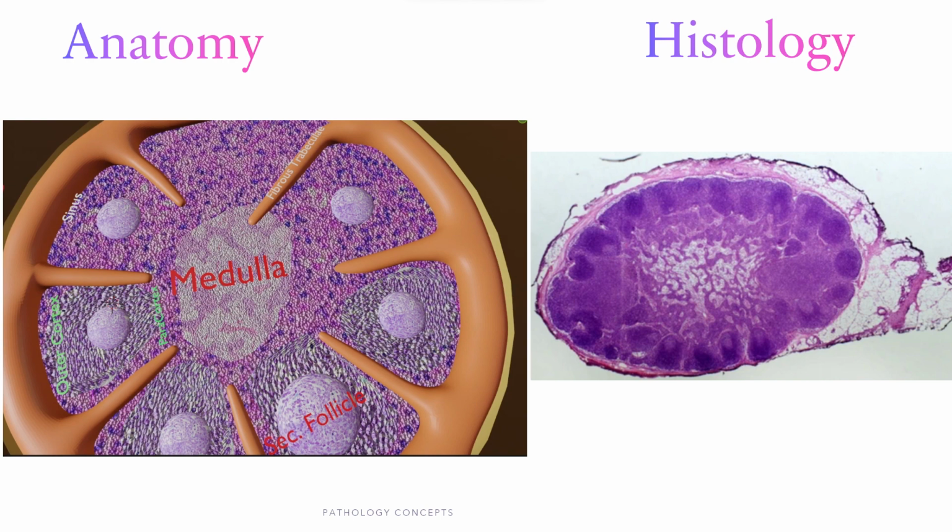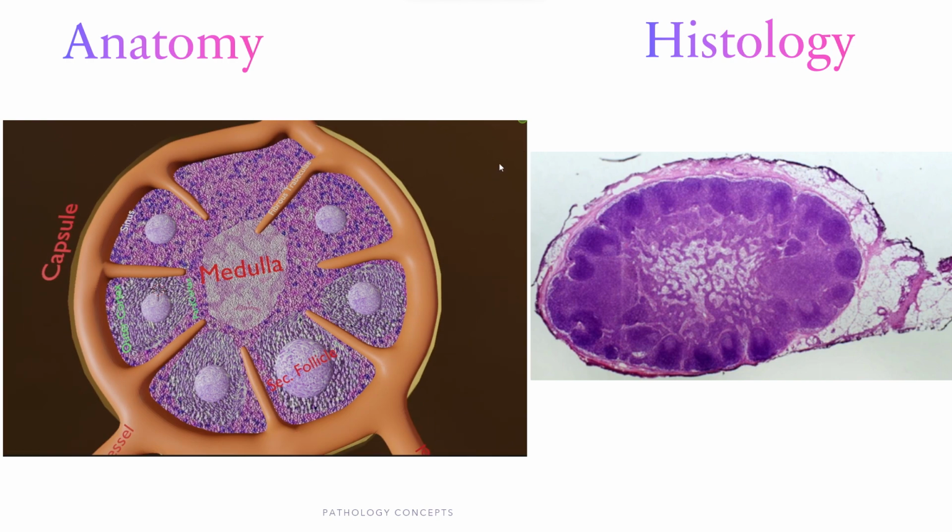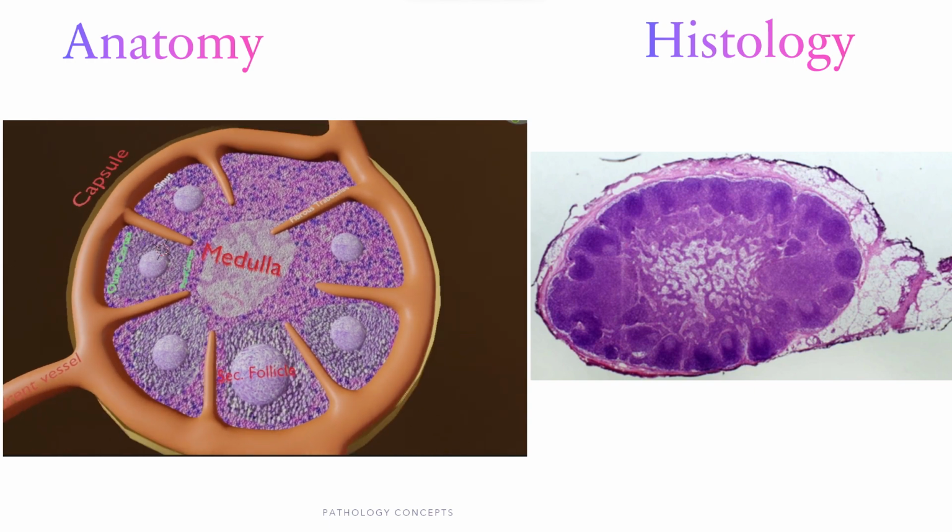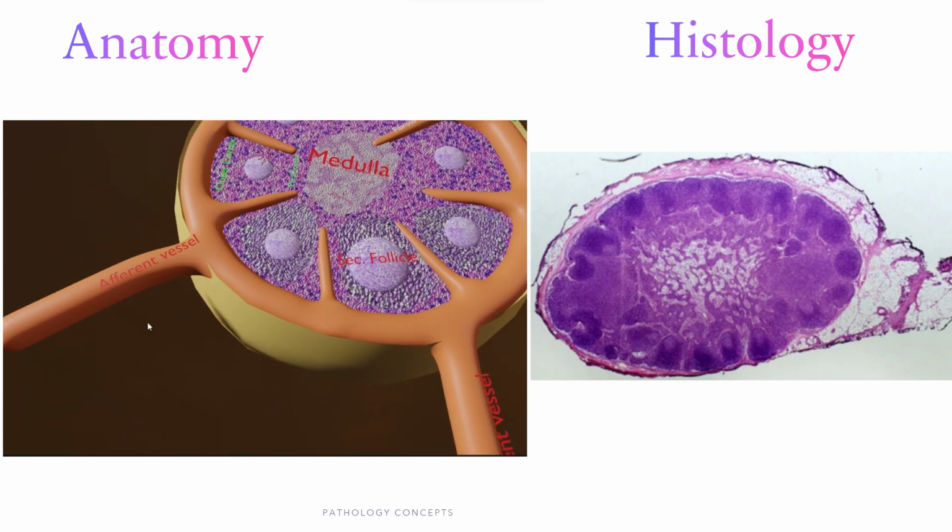The convex surface of the lymph node is pierced by numerous afferent vessels. These are the afferent vessels. The capsule is a dense connective tissue stroma made up of collagenous fibers.